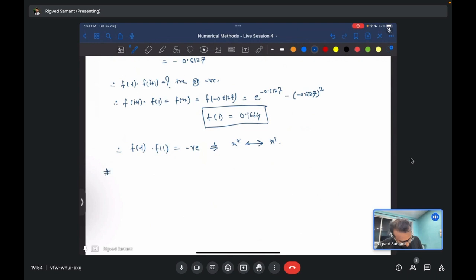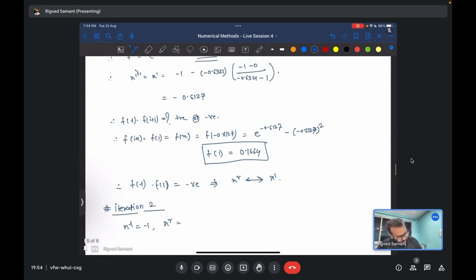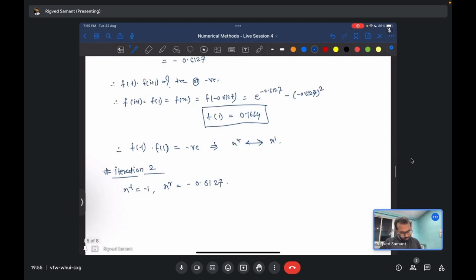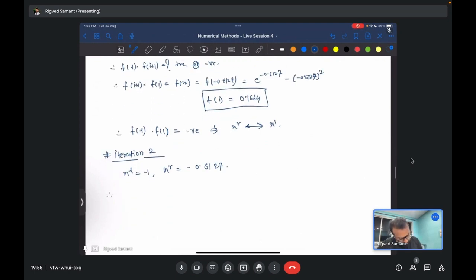So for the second iteration, xL is equal to minus 1, xR would be minus 0.6127, right? Therefore, that's the same.